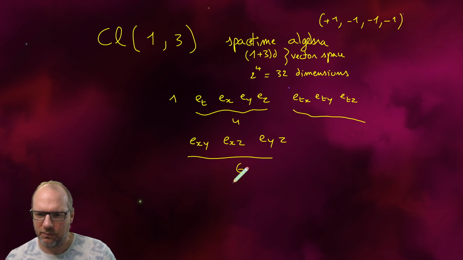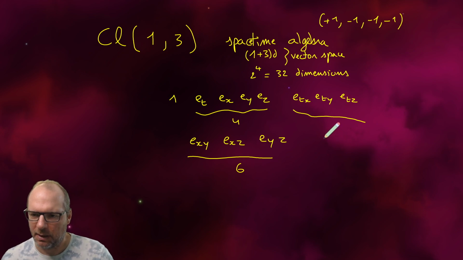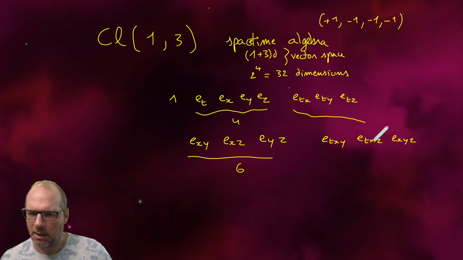6. Then we have e sub t x y, e sub t x z, e sub x y z, and e t y z.